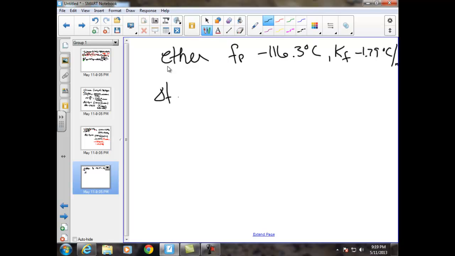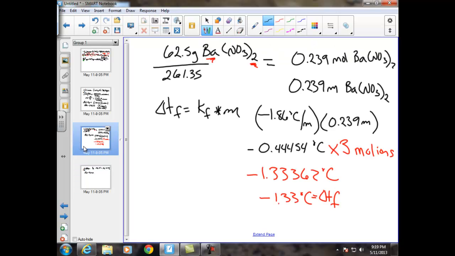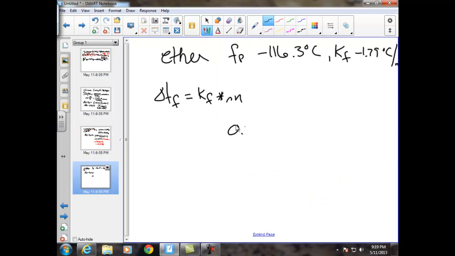Now the equation is still the same, and I already know the molality. If I was going to do the same thing and just put it into ether, the molality is still the same, my 0.239 molal solution. The number of moles doesn't change, but my constants change because it's no longer water. So instead of negative 1.86, I have negative 1.79.